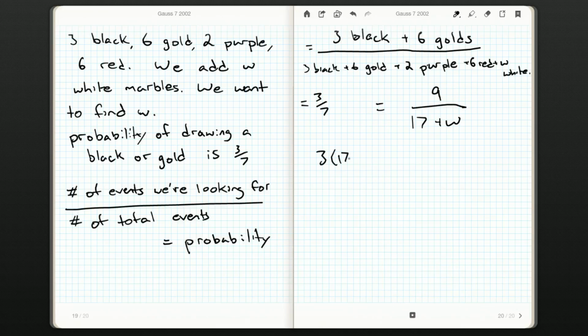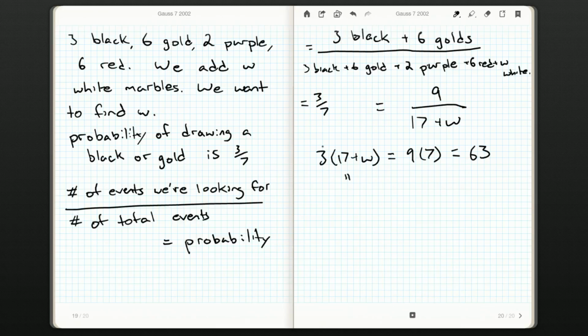So 3 times 17 plus W is the same as 9 times 7. And 9 times 7 is a value we can work with. That's 63. You can figure that out on a calculator, or maybe you remember your times tables.